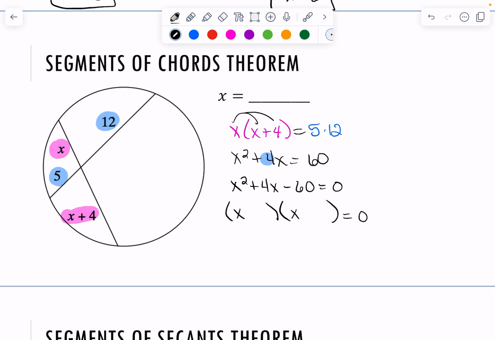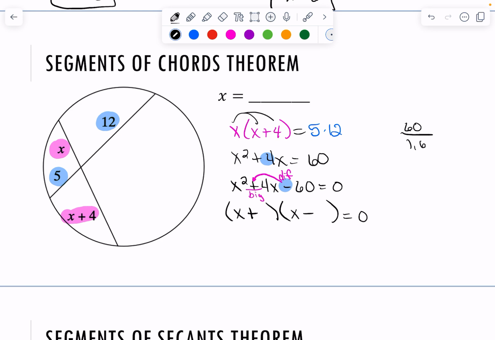When I look at the factoring, this sign tells me that my signs are going to be different, since it's a negative. I look back and this tells me my biggest number is going to be the plus. So I'm going to put 1 plus, 1 minus. Then what I look for are the factors of 60.